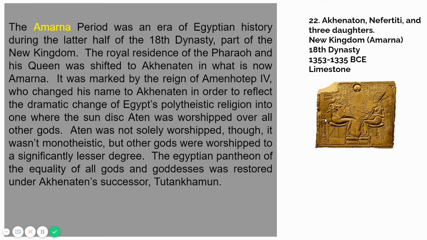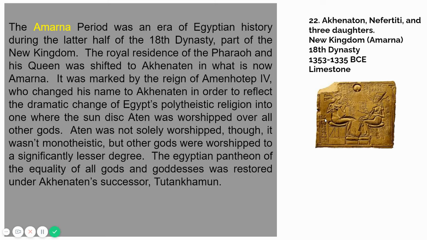So, in terms of history, the royal residence of the pharaoh and his queen was shifted, and that bloodline was shifted to Akhenaten, which is now the Amarna period, okay? And it was marked by the coming of power in the reign of Amenhotep IV. Amenhotep IV then changed his name to Akhenaten. Okay? He changed his name in order to reflect this dramatic change that he instituted upon his reign.